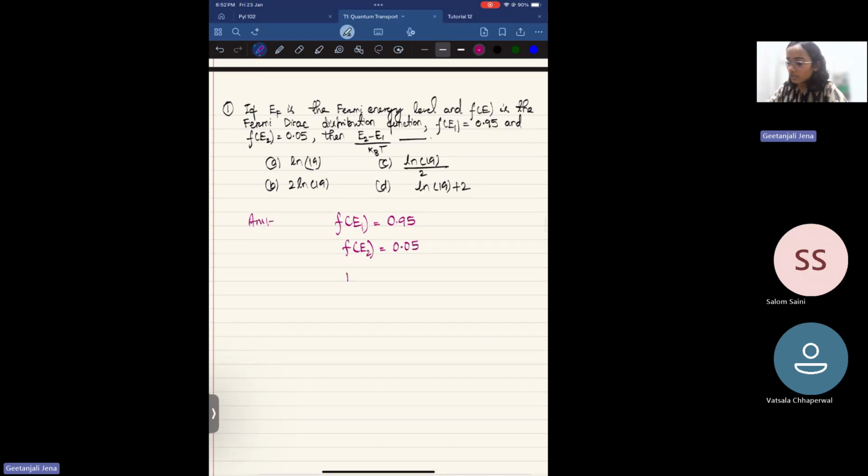Then you need to find out what is (E2 minus E1) by k_B T. There are four options. First is ln 19, second is 2 ln 19, third one is ln 19 by 2, and fourth one is ln 19 plus 2. Go through it and please try to solve it, and let me know the answer.